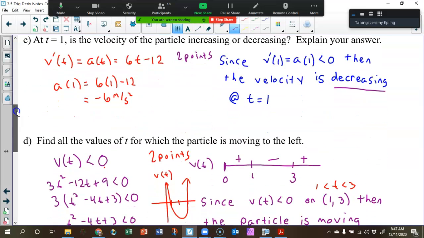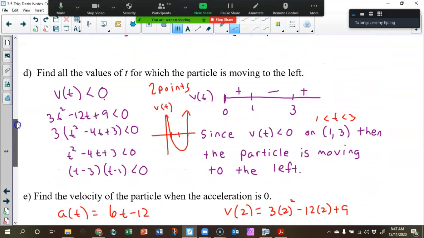Part D, find the values of t for which the particle is moving to the left. Now, part D is worth 2 points. Somewhere in your work, you've got to have that you looked at where velocity was less than 0. Now, I don't have to have it twice, but somewhere you've got to have that you're looking for velocity being less than 0.